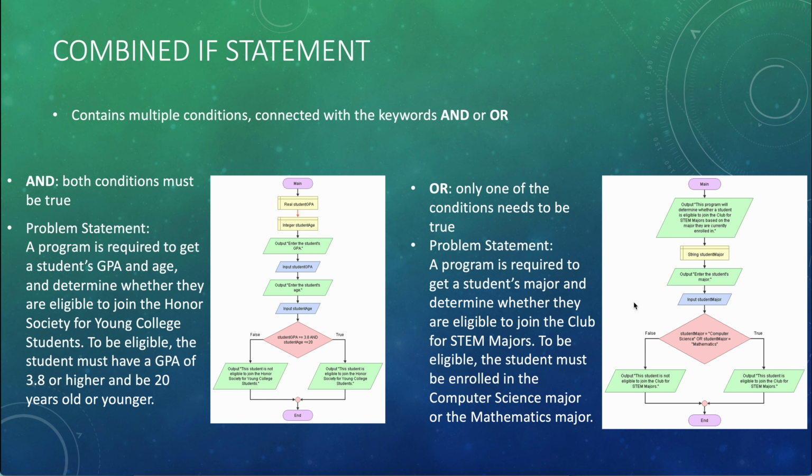So we have set a variable student major so that the user can input the major, and then the condition actually looks at student major twice to see if it equals either one of these values.